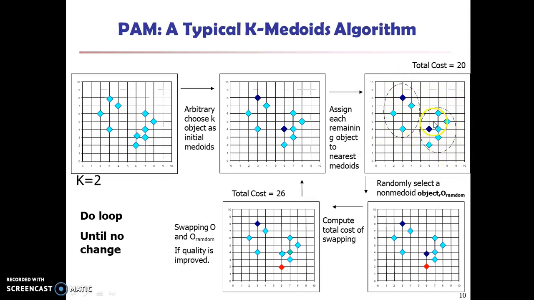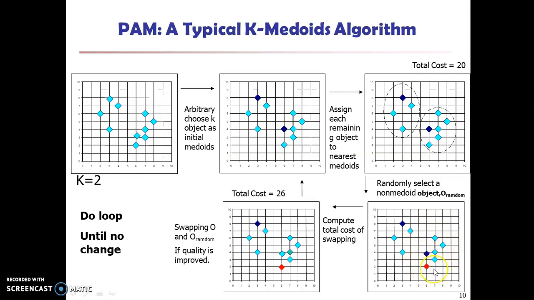Then randomly select a non-medoid object. For example, you can choose this one as a medoid. This will be moved into the medoid position. With this data point, you need to identify all other data points, which can be moved towards this medoid.